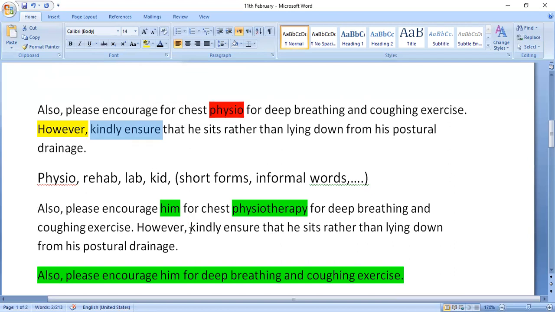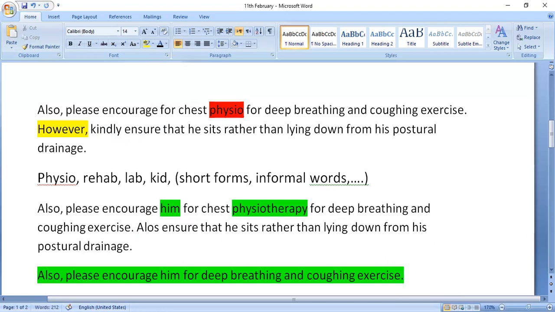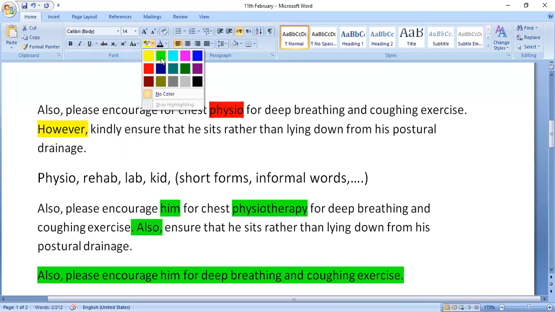Okay, please encourage him, and also ensure that he sits rather than lying down.